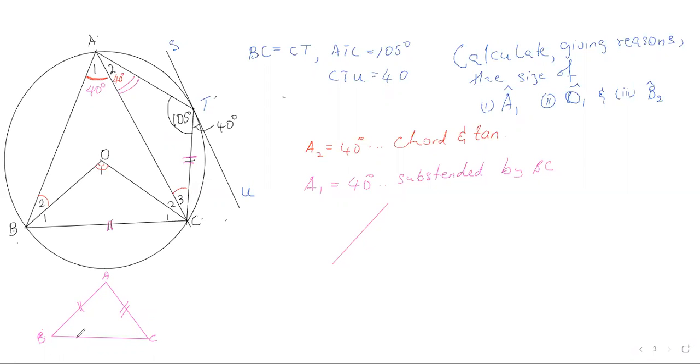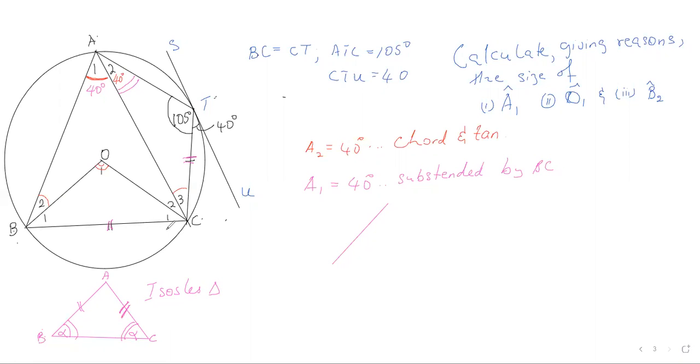Now, AC will produce this angle here, BA will produce this angle here. These two angles are equal because BA is equal to AC, and we said this is an isosceles triangle. So these two angles here are equal because they are subtended by lines that are equal.